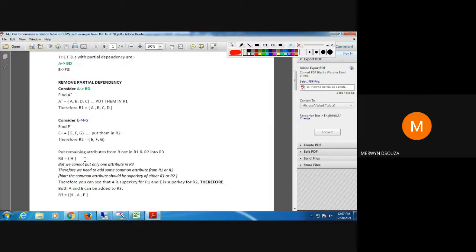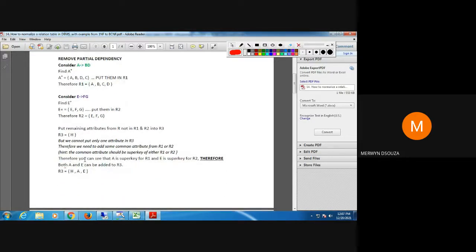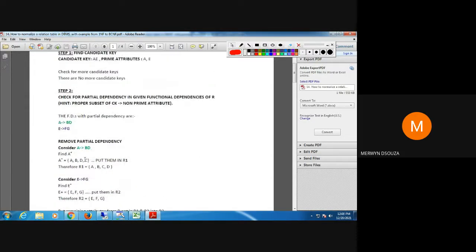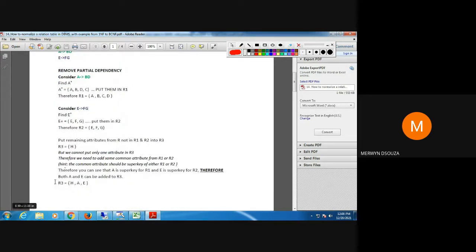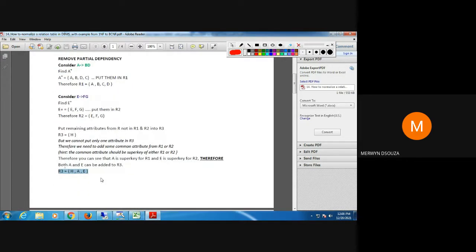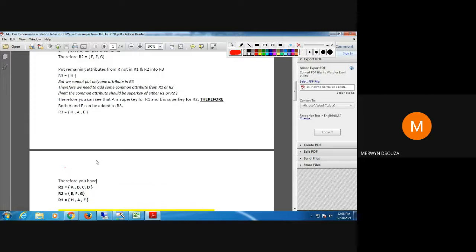So this is how you remove the partial dependencies. From R, the relation got divided and now you have three relations.